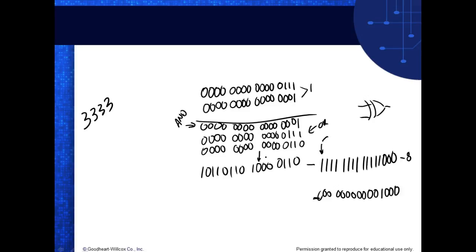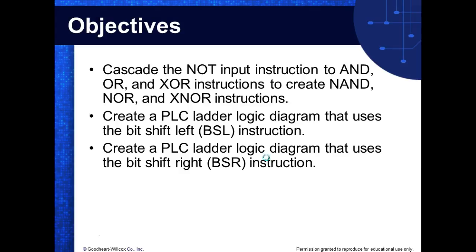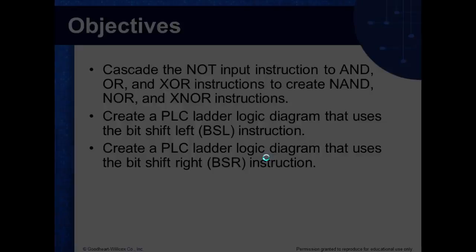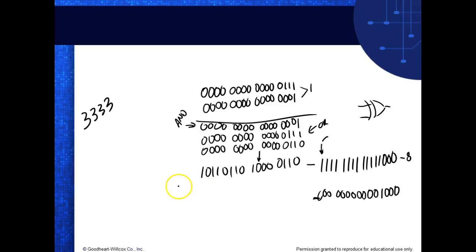So what I would do is I would come over here and I would and mask this with, so this would be my and mask. And we use this so much, there's a move with mask instruction, by the way. I think it's a mask.